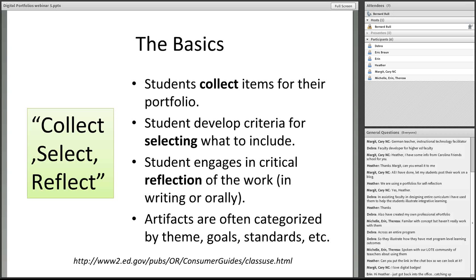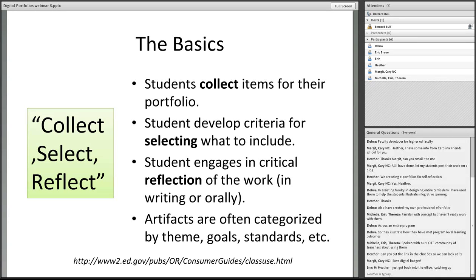Also, and this is a really rich part of many digital portfolio for learning plans, the learner has multiple opportunities, but at least one, to talk about their artifacts in their portfolio and to communicate them or present their work to another audience. It could be to a group of peers, it could be to the teacher or multiple teachers, it could be, again, to an audience outside of the school altogether.